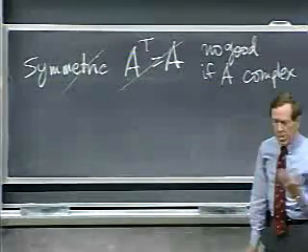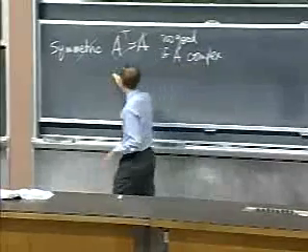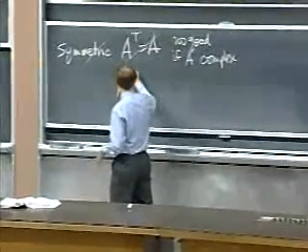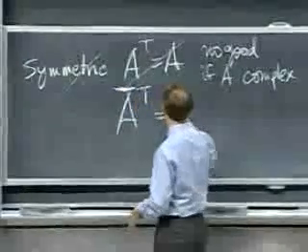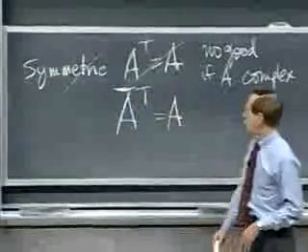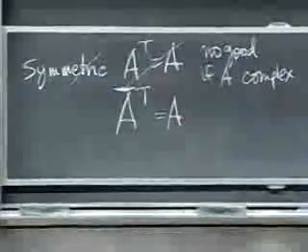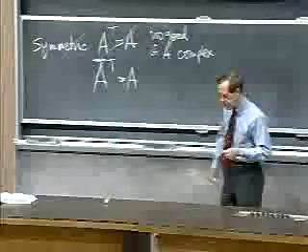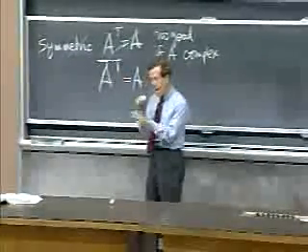That applies perfectly to real matrices. But now if my matrices are complex, I want to take the transpose and the conjugate to equal A. So that's the right complex version of symmetry. The symmetry now means when I transpose it, flip across the diagonal, and take the conjugate.